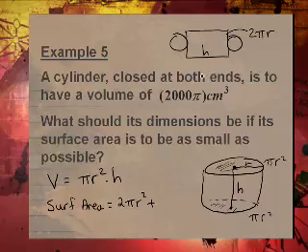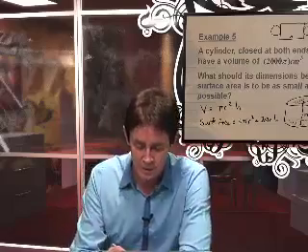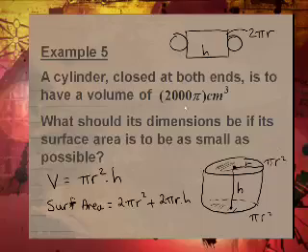So the length times the breadth would be 2 pi r times h. Those are the formulas for surface area and for volume. I'm not going to go into too much detail, but just watch those formulas for volume and surface area. And the volume is given as this.